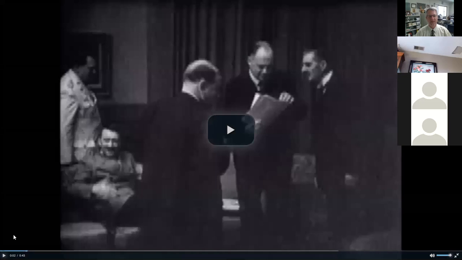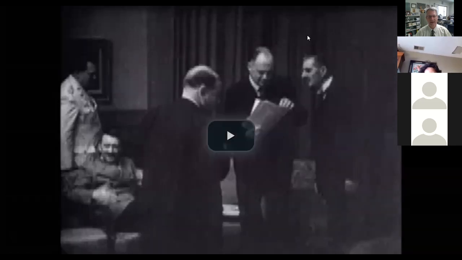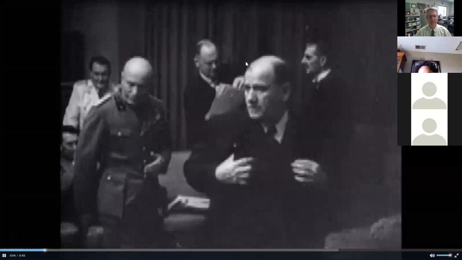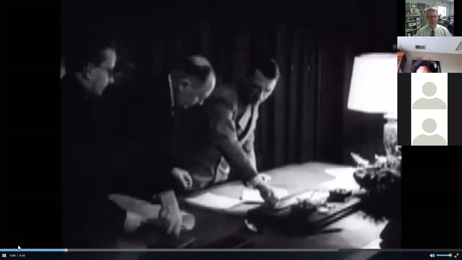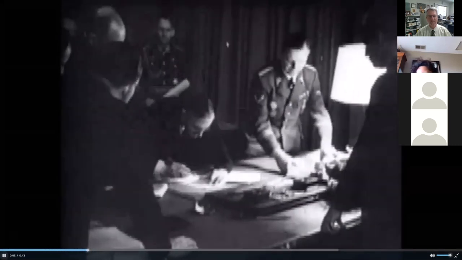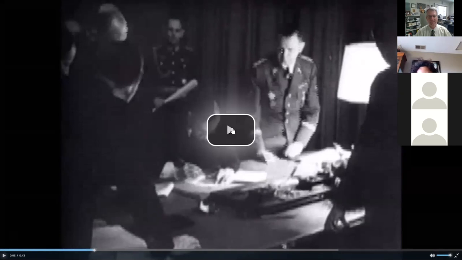So if you're looking at this, sitting down, and I'll highlight this so you can see it. Obviously, it's black and white. This is Neville Chamberlain right here, Great Britain. That is Hitler right there. There they are signing the treaty. That's Chamberlain signing.